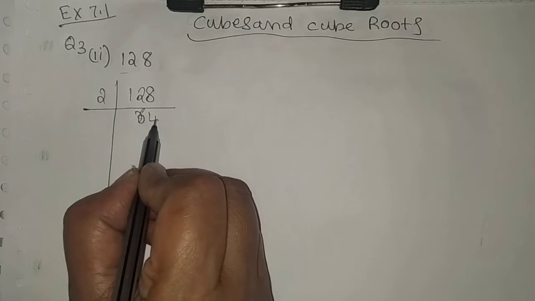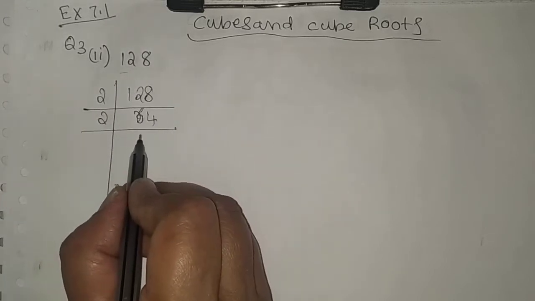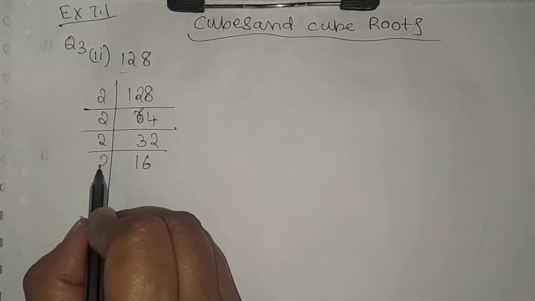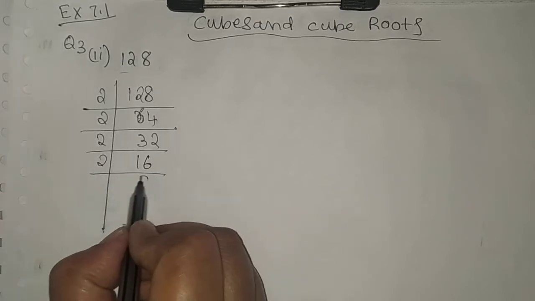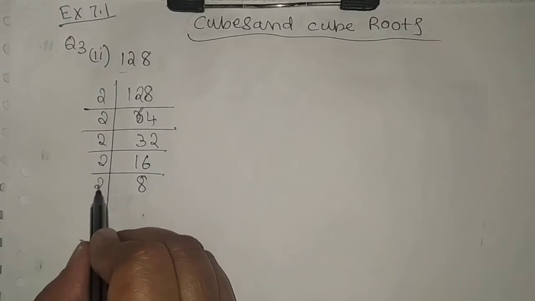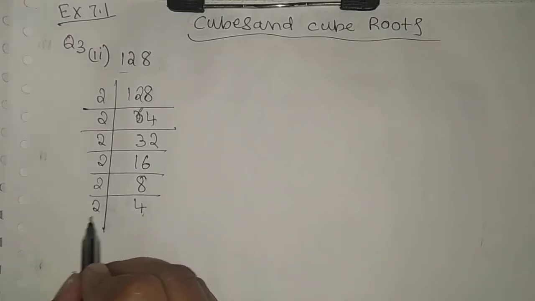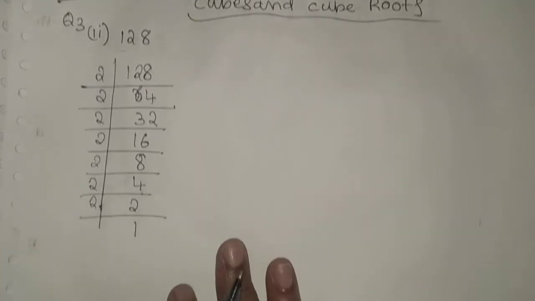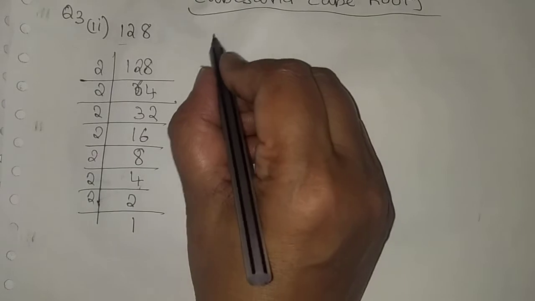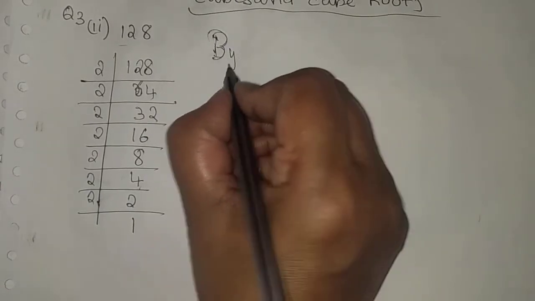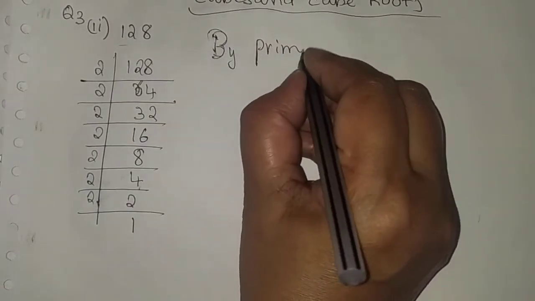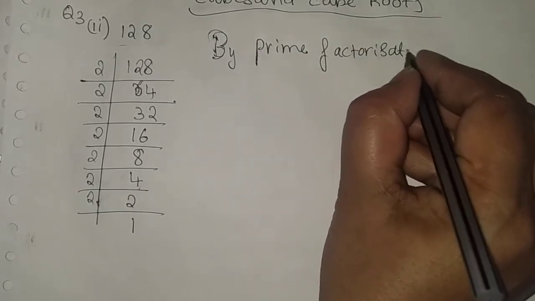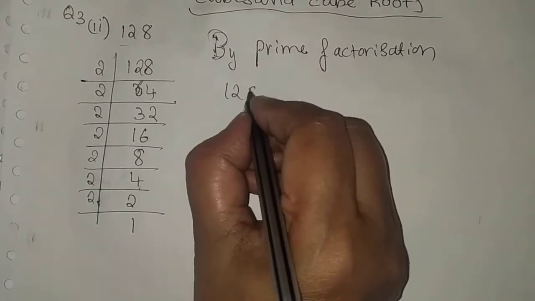128 is 64 into 2, 64 is 32 into 2, 32 is 16 into 2, 16 is 8 into 2, 8 is 4 into 2, 4 is 2 into 2, then 1. So by prime factorization, 128 is given.